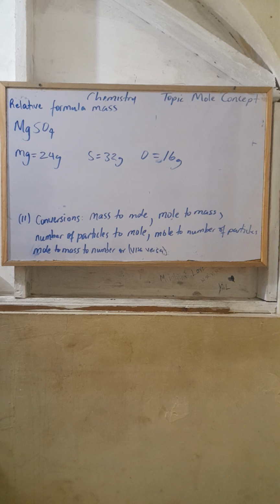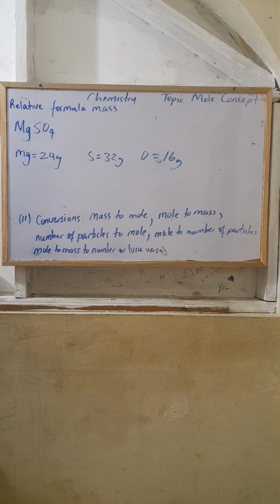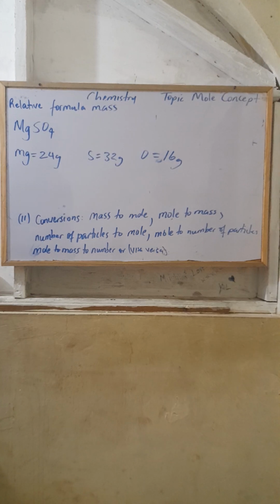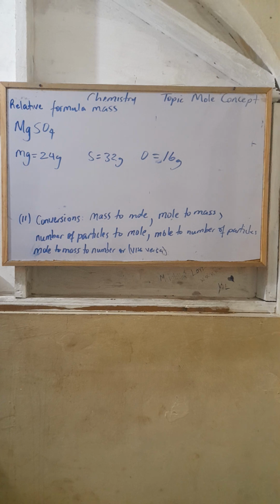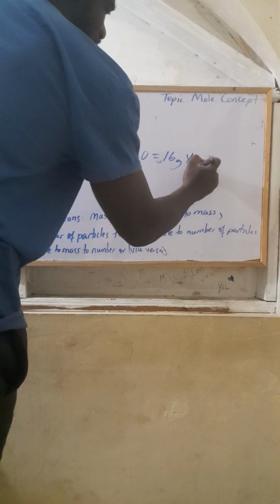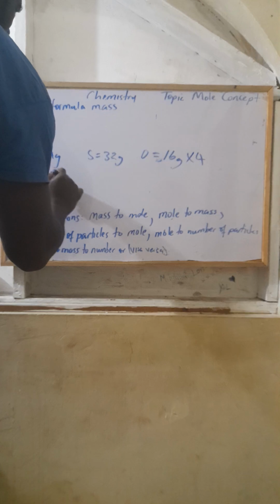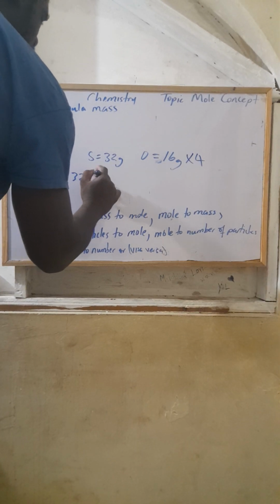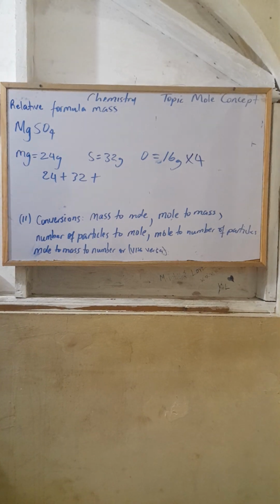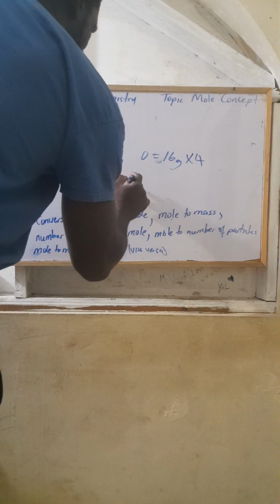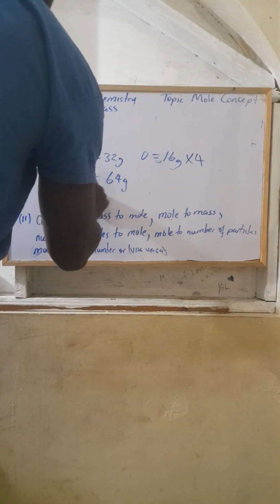Now when we look at the formula of magnesium sulfate, you see that there is 1 magnesium, so 24 grams is okay. 1 sulfur, 32 grams is okay. However, oxygen, we see that there are 4 oxygen present, so we multiply by 4. So now we have 24 plus 32 plus 4 times 16. 4 times 16 is 64 grams, all right?